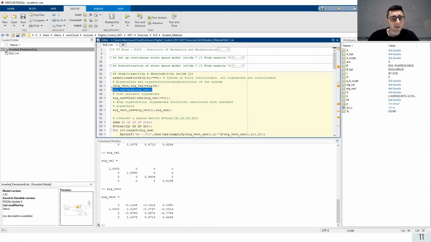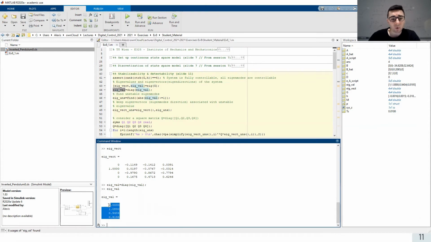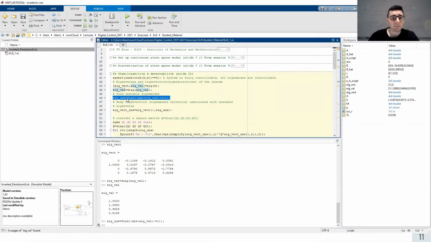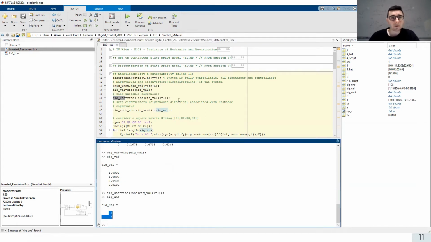Then, since the eigenvalues come as a diagonal matrix, I just keep all the eigenvalues as one vector instead, which doesn't change anything. And then I find the unstable eigenvalues. So, the unstable eigenvalues are the first one and the second one.